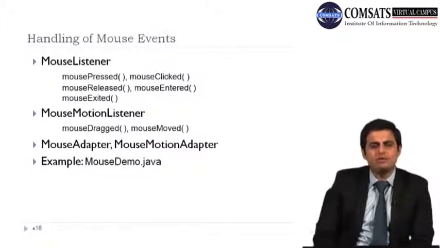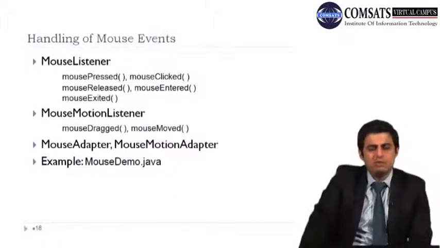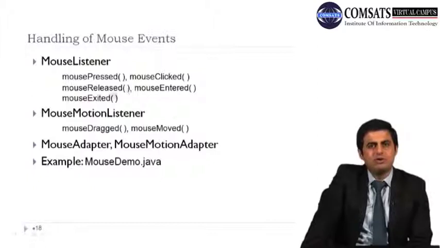Okay, handling of mouse events. In the mouse listener, you have got these methods which are provided by the mouse listener: mouse pressed, mouse clicked, mouse released, mouse entered, and mouse exited. These all have got code written behind them, which is default code that comes with these methods, but of course you can change it according to your need.